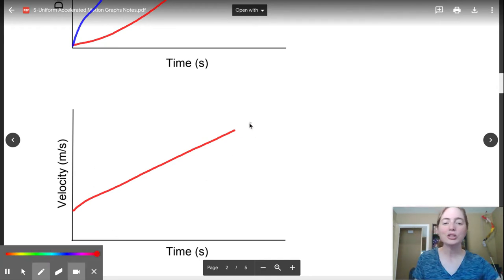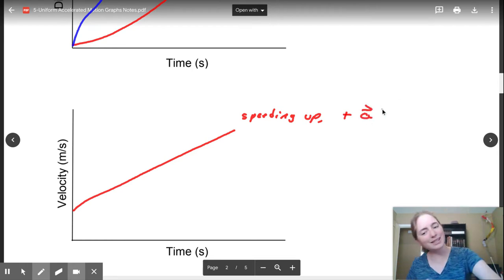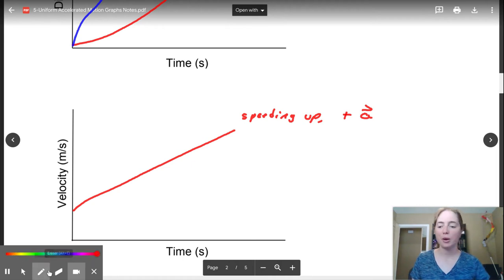Okay, so this blue line is what speeding up or positive acceleration is going to look like. Your velocity is increasing as time goes on. Okay, well, what would slowing down look like on a velocity time graph? Opposite direction.